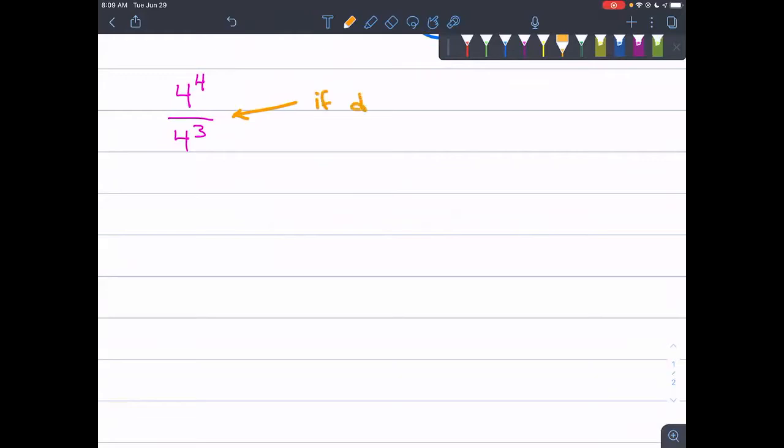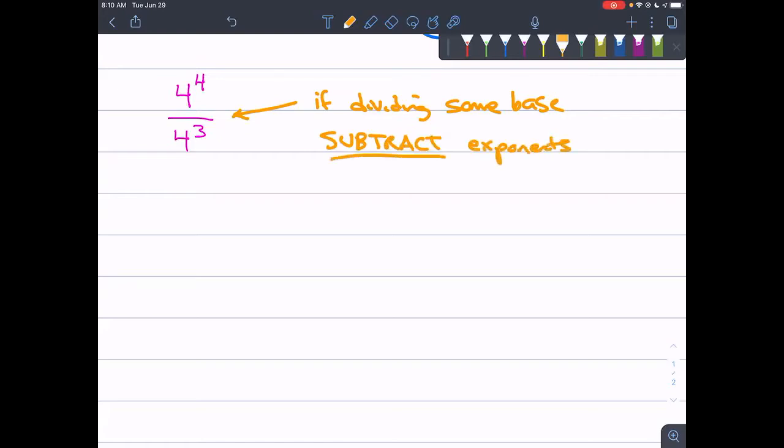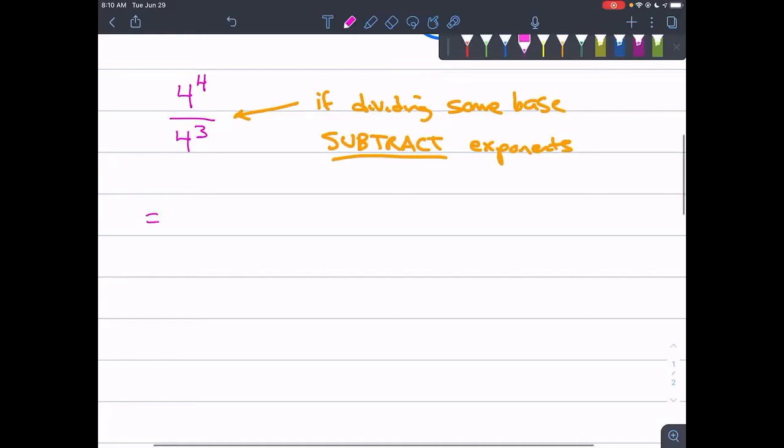If you're dividing the same base, here the base is 4, when you're multiplying, you add the exponents. When you're dividing the same base, you're going to subtract the exponents. So this becomes 4 and then 4 minus 3.